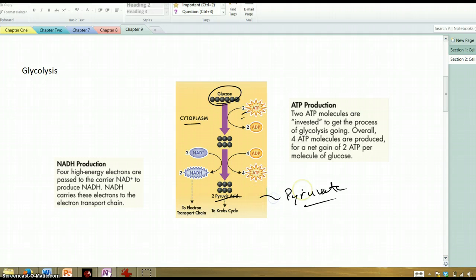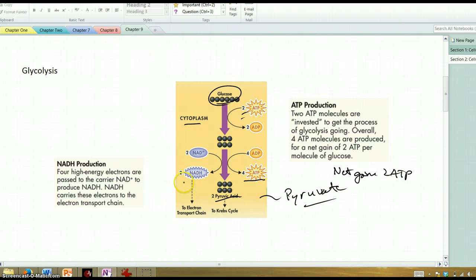Those are the same thing. And in that step, we generate our first net gain in energy extracted. You can see we produce 4 ATP in this step. So we've used 2 up here, so our net gain of ATP is 2 at this point.